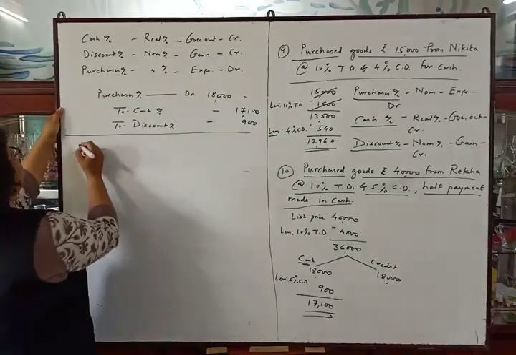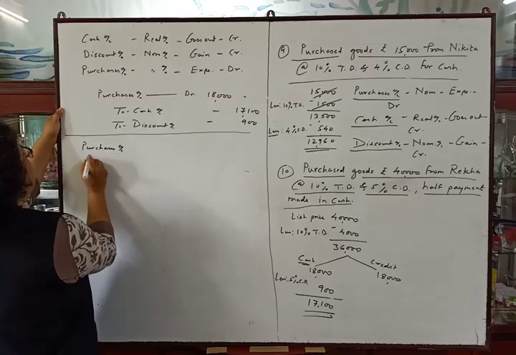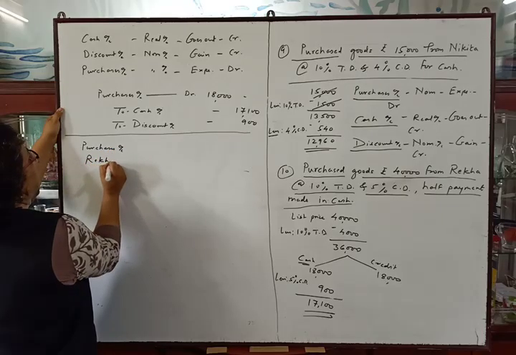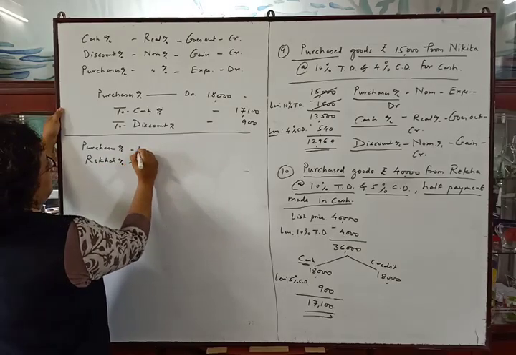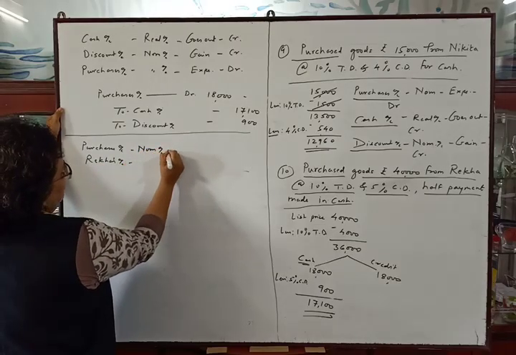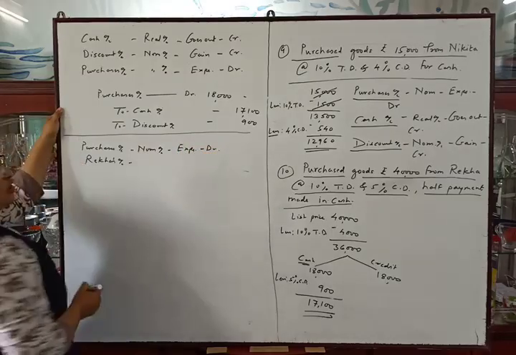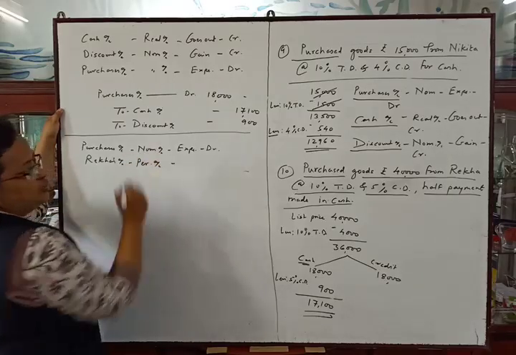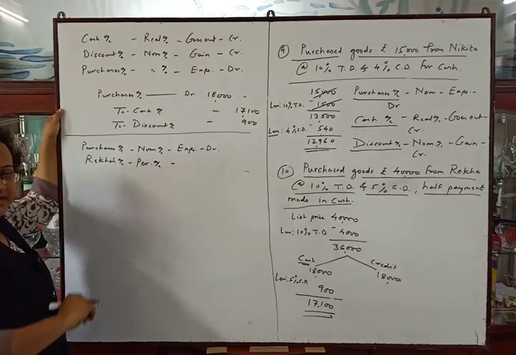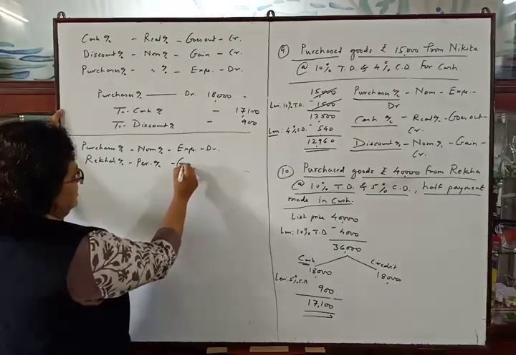परचेसेस अकाउंट अँड रेखाज अकाउंट. क्रेडिट ट्रान्झॅक्शन असल्यामुळे पार्टीचं नाव लिहायला पाहिजे. परचेसेस नॉमिनल अकाउंट, एक्सपेन्सेस, डेबिट ऑल एक्सपेन्सेस अँड लॉसेस. रेखाज अकाउंट इज पर्सनल अकाउंट. Rule says that debit the receiver, credit the giver. We are purchasing goods from Rekha, means Rekha is the giver.